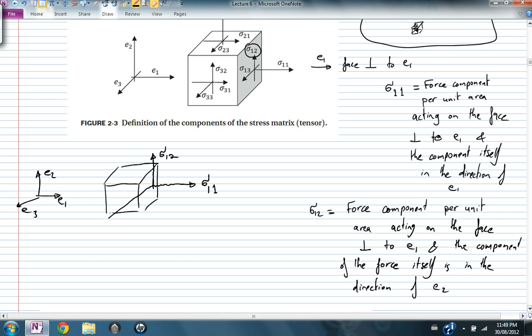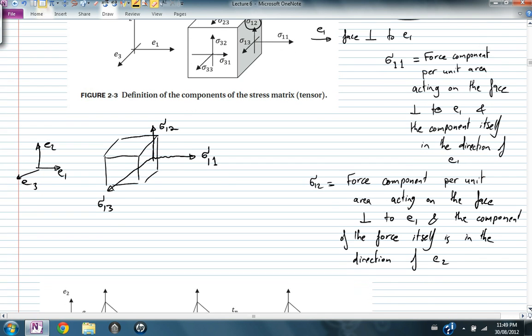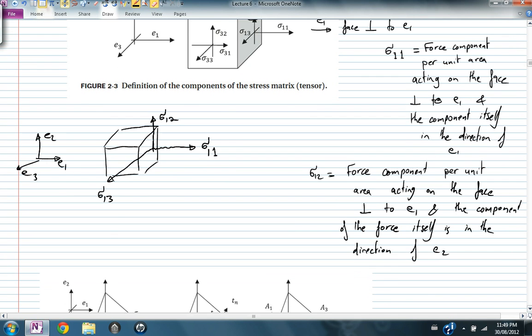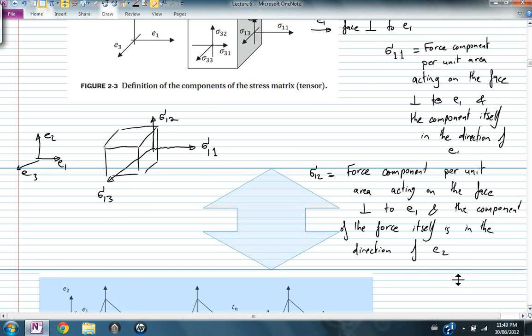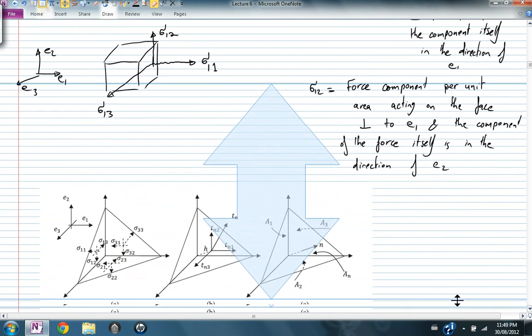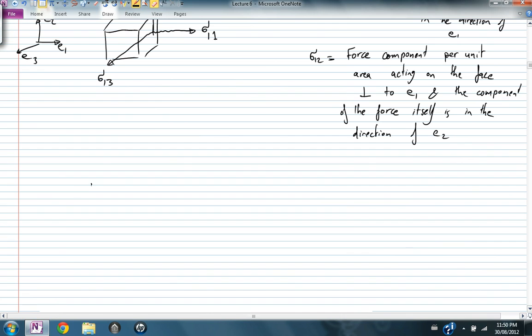I call this sigma on face 1 acting in the direction 3. And this is how I define sigma, and then I will form a matrix called sigma made out of these components.